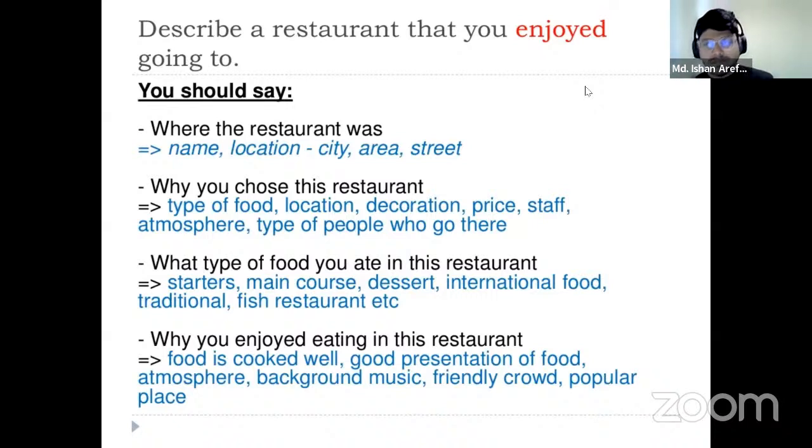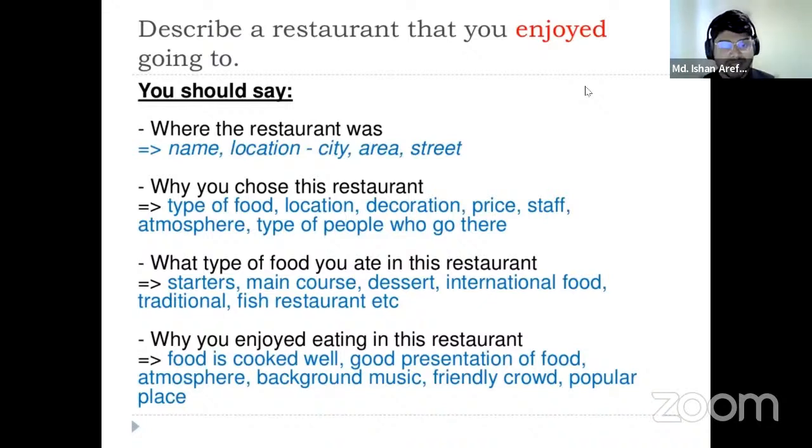One thing I need to notify you guys is that most of the times the topic or the questions will be related to past tense. Look at the questions here. They are related to past tense because of past case scenarios. So you have to use past tense in most of your answers.